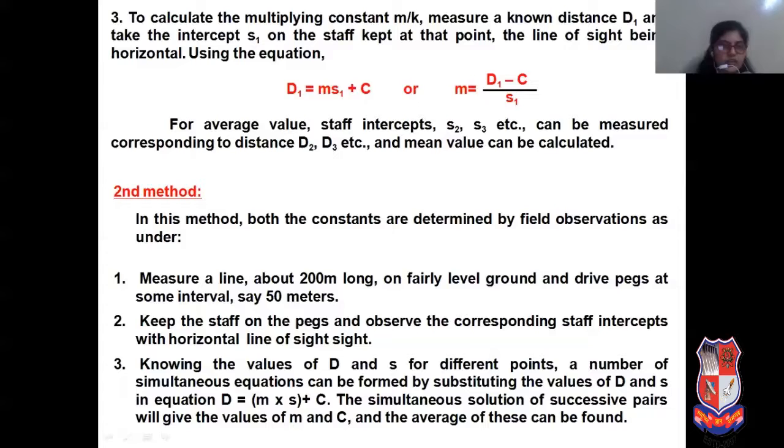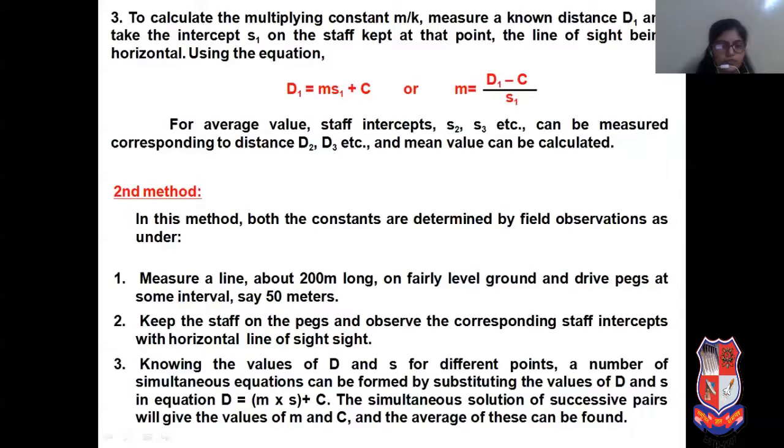Now let's see the second method. In this method, both the constants are determined from the field observation as under. Measure a line about 200 meters long on fairly level ground and drive pegs at some interval, say 50 meters. Keep the staff on pegs and observe the corresponding staff intercept with horizontal line of sight.